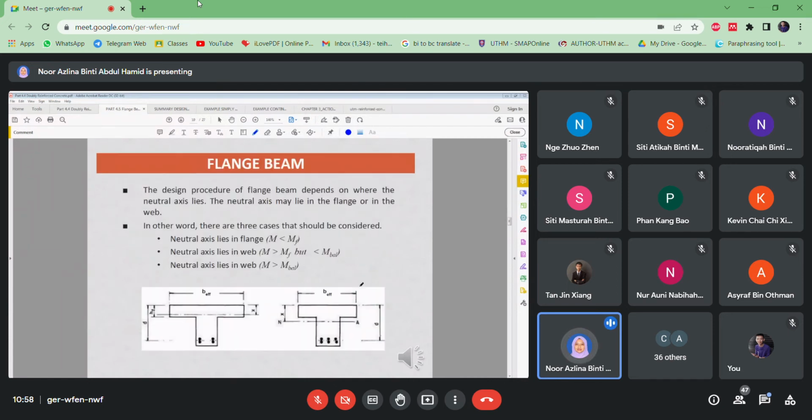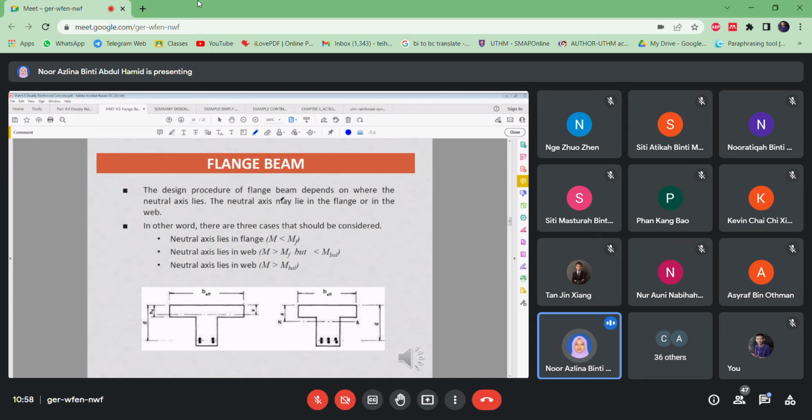So that means there will be a checking comparison here. Is that beam have to design as a single or might have to design as a double? All right. So what we want to know here, is it singles or doubles?